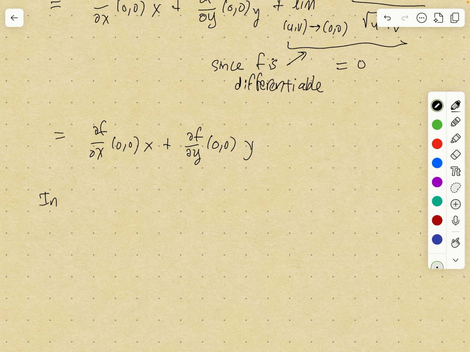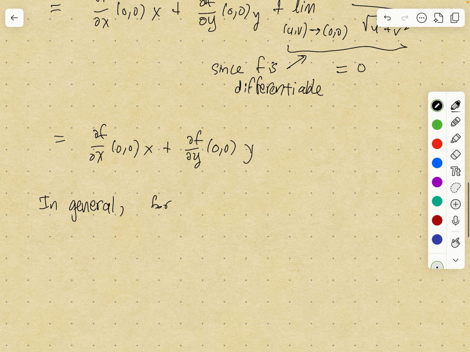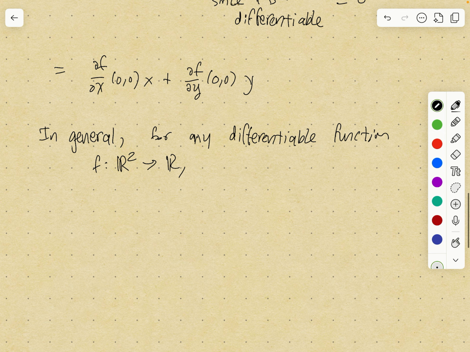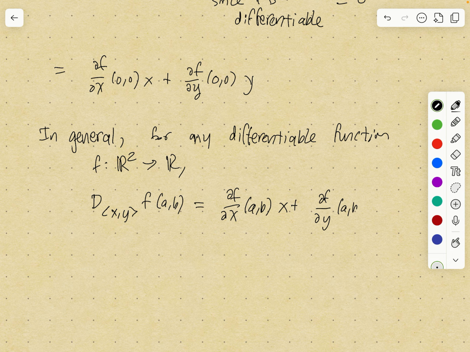And in general, for any differentiable function f from R2 to R, the directional derivative in the direction (x, y) of f evaluated at (a, b) is just equal to partial f partial x at (a, b) times x plus partial f partial y evaluated at (a, b) times y, by the same reasoning.